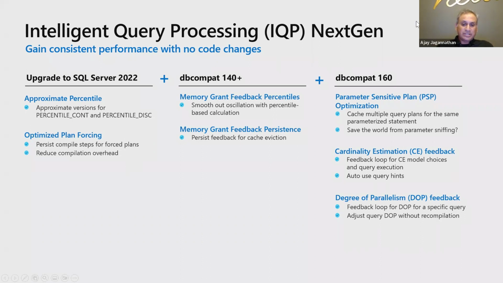The next feature is cardinality estimation, CE feedback. We persist the feedback in the Query Store, and we can use that for cardinality estimation. With support for query hints, you will get more accurate cardinality estimation for your queries. And the last one is DOP feedback.